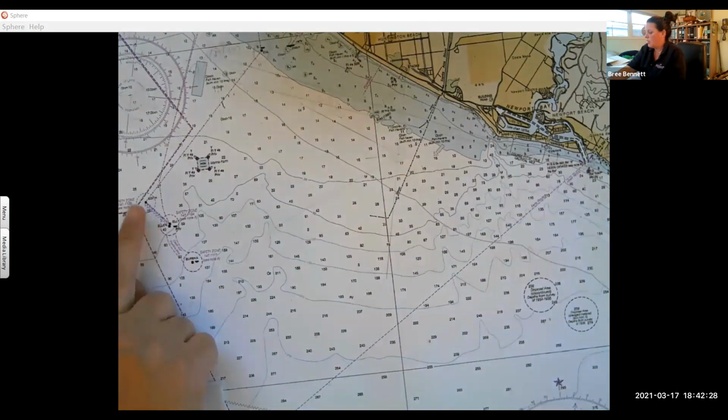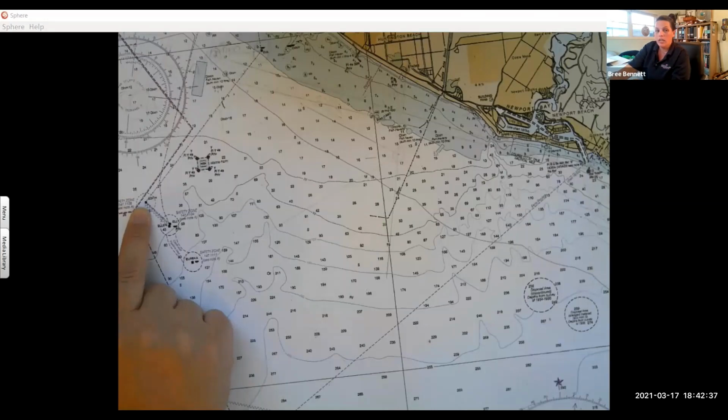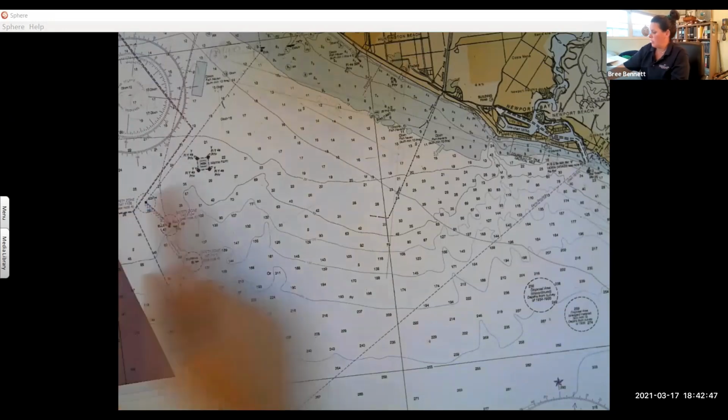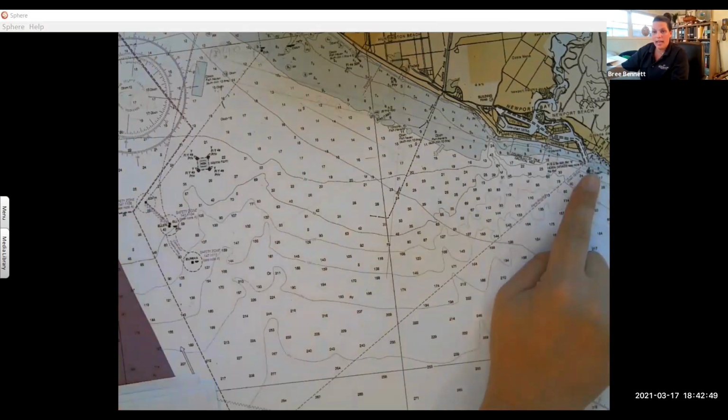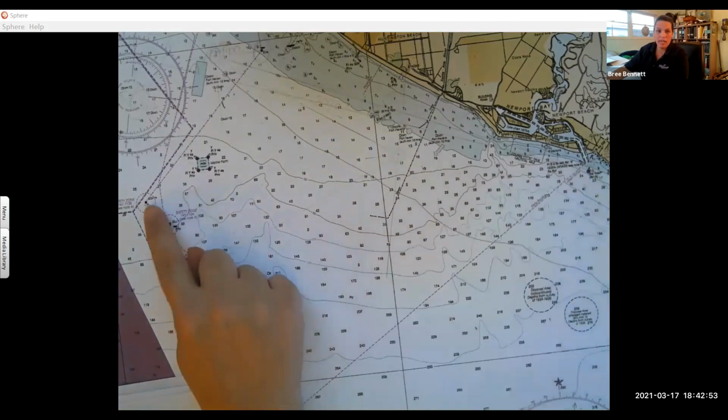It's going to be the closest one to shore, the closest one to Long Beach there. That is Edith. And it gives us a latitude and longitude if we want to make sure we're at the right one. But we're going to plot our DR line that we are leaving the NWP buoy at 6:12, and we're headed for Edith.